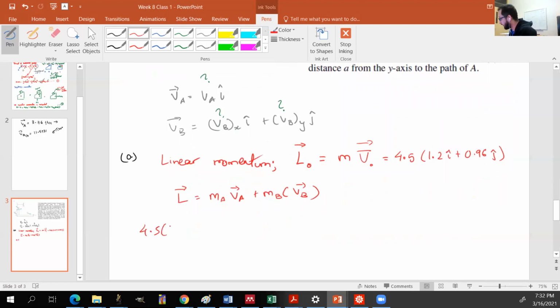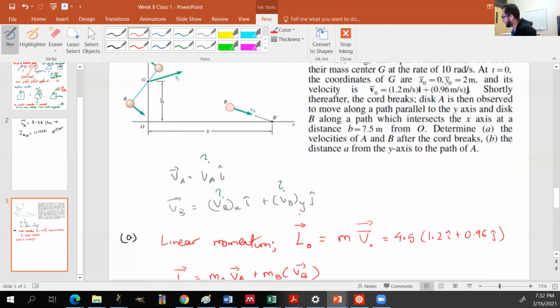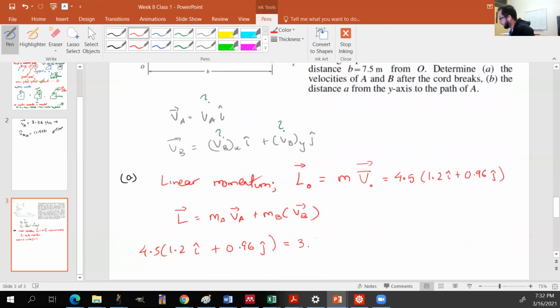So you'll get 4.5 times 1.2 i hat plus 0.96 j hat is basically equal to whatever your MA is, so that is 3 times VA i hat plus 1.5 times VBx i hat plus VBy j hat.